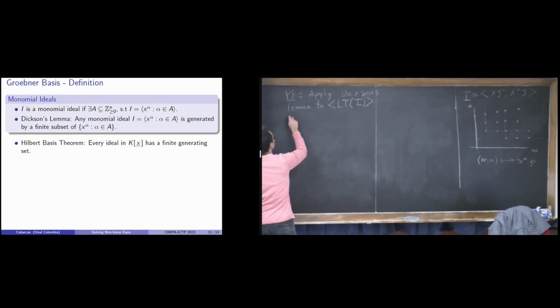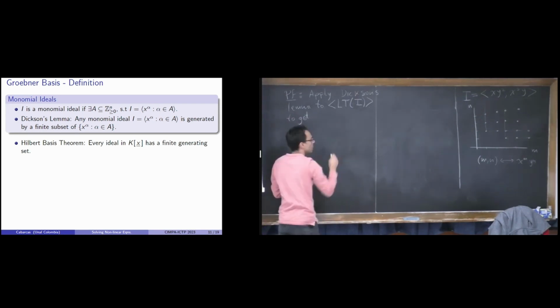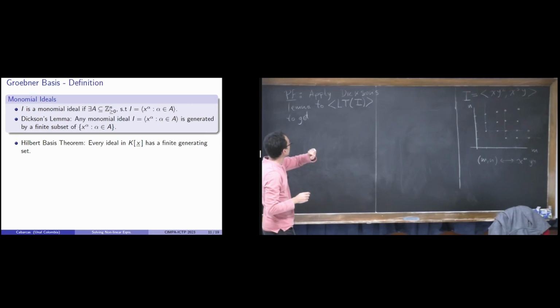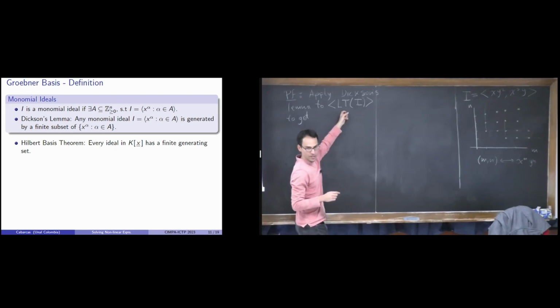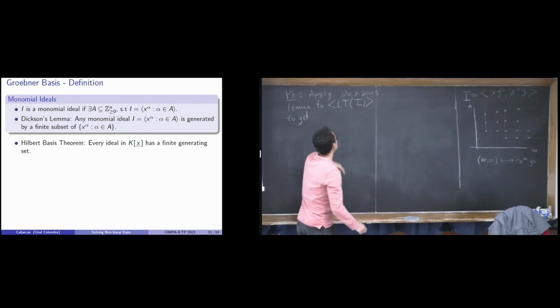That way, we get a set of polynomials in the ideal whose leading terms generate the ideal generated by the leading terms.